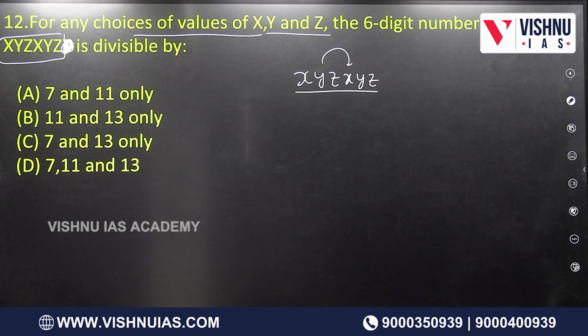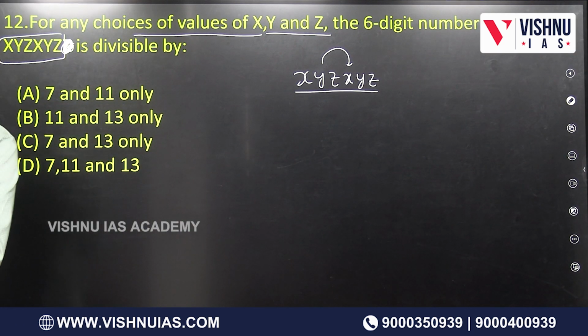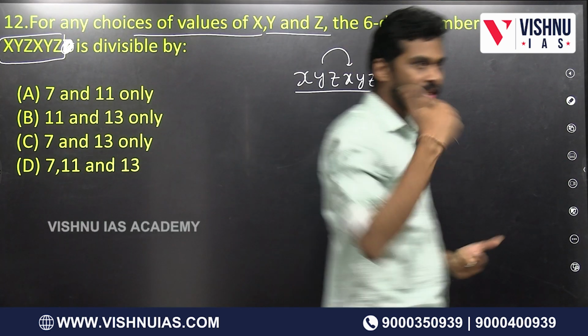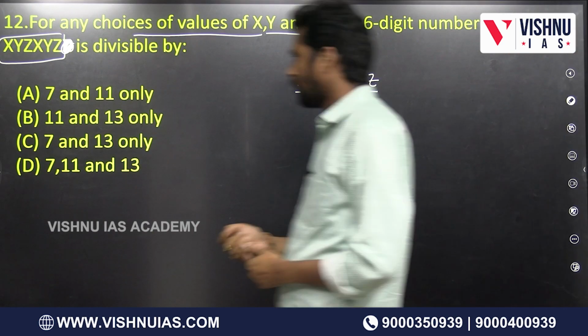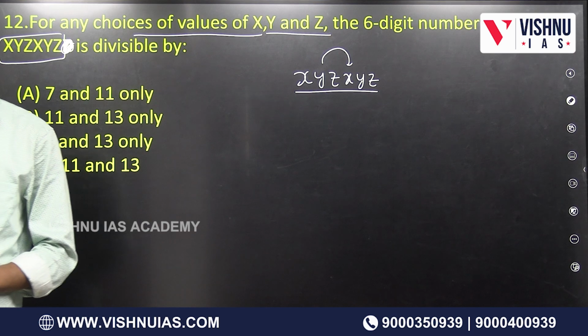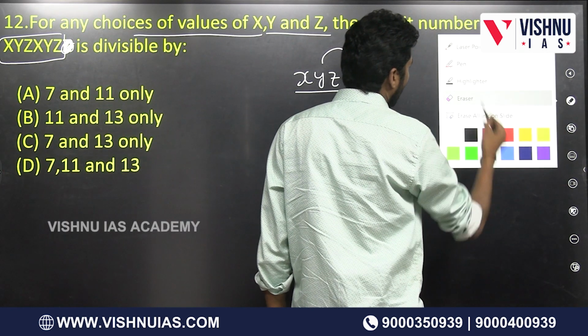You can randomly take numbers like 1, 2, 3 or 4, 5, 6, your choice, with the same number repeated, and check whether it is divisible. We also have the divisibility rules of 11 and 7 that we can use. Let me tell you the 7 divisibility rule, and also the one for 11.